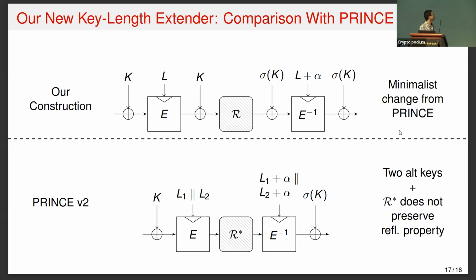If we compare our construction to Prince version 2, we can see that our construction just has a small change from the original Prince block cipher, while Prince version 2 actually uses two alternating keys, and besides, their reflector is modified in such a way that it doesn't really preserve all the reflection properties. So we can see that our construction actually compares favorably.